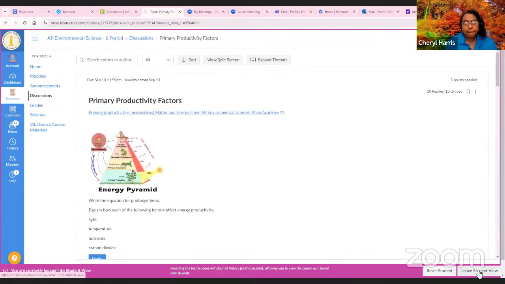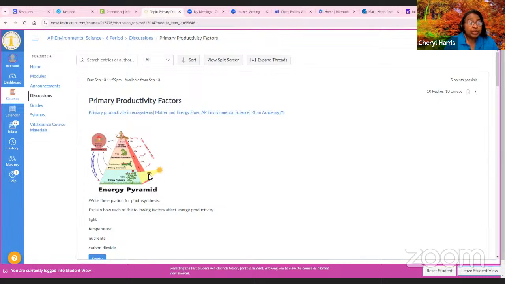Okay, I'm going to move it on student view. All right, so we watched the video last class on productivity in the ecosystem, and we're going to deal a little bit more with this energy pyramid today. So we're going to look at the relationship between food webs and food chains.